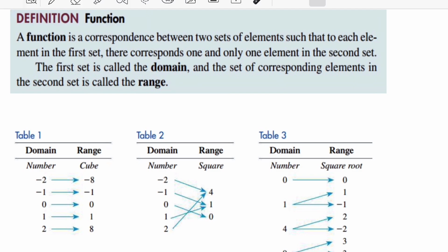And as we can see here, this 1 corresponds to 2 elements in our second set or in our range. So this automatically tells us that this is not a function. And same for these elements as well. 4 corresponds to 2 elements in our range, and then 9 corresponds to 2 elements in our range. So table 1 and 2 are functions, and table 3 is not.